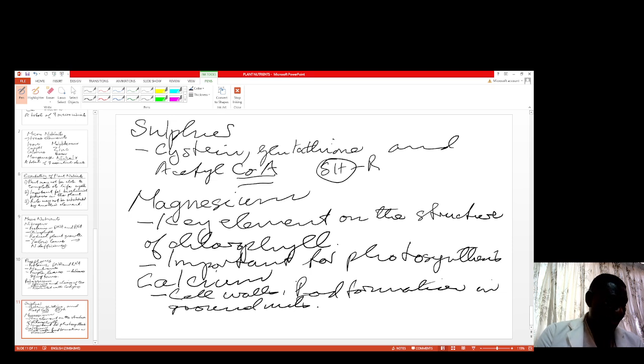Okay, so this should complete the macronutrients. Of course, you'll find that probably from the lecture notes I have supplied you, I have given you a lot of information concerning these plant mineral nutrients, but these are some of the key things which you may remember.